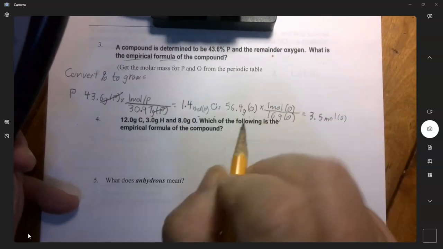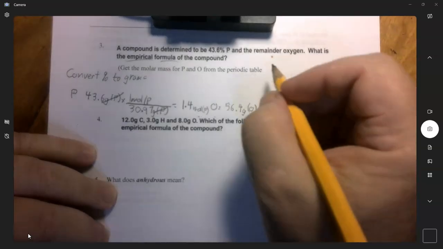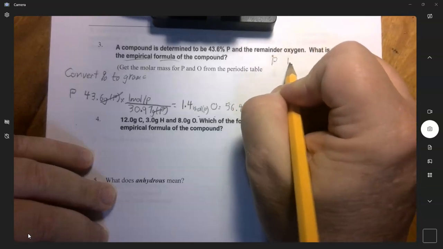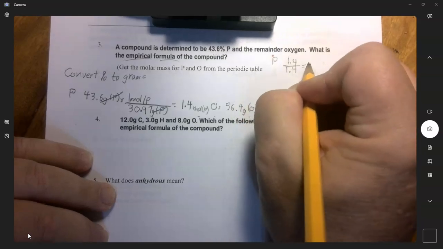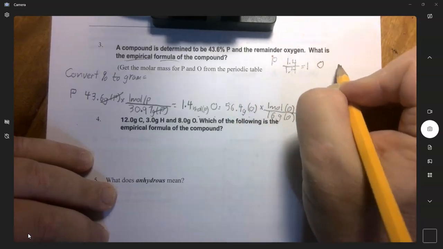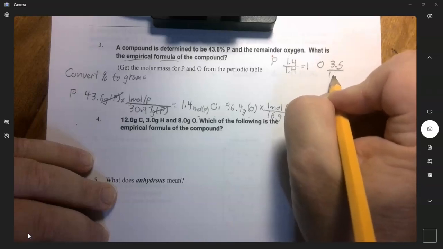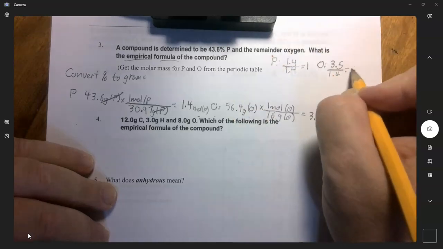So now we're going to drop all the units of measure and we're just going to make ratios. So for phosphorus, smaller number on the bottom. For oxygen, smaller number on the bottom. And that gives you 2.5.